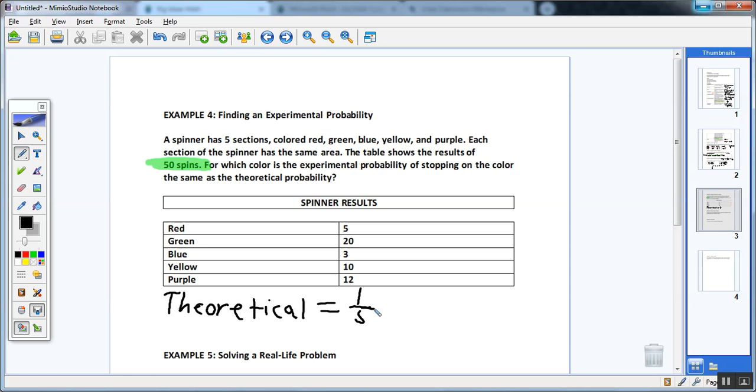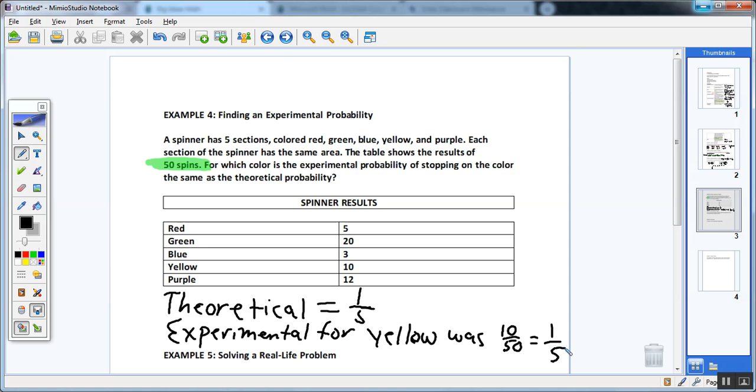But we spun the spinner how many times? The experimental probability for yellow, how many times did it stop on yellow? 10 out of 50, which is the same as the theoretical 1/5. So which color was this good for? It was good for yellow, right?